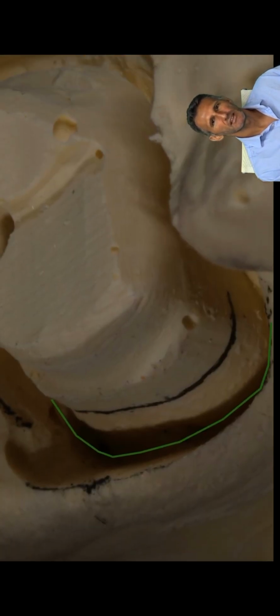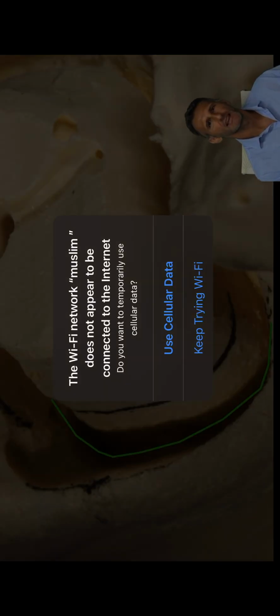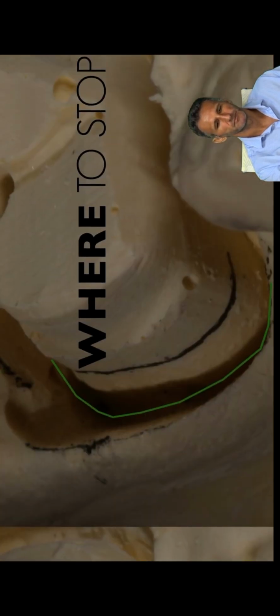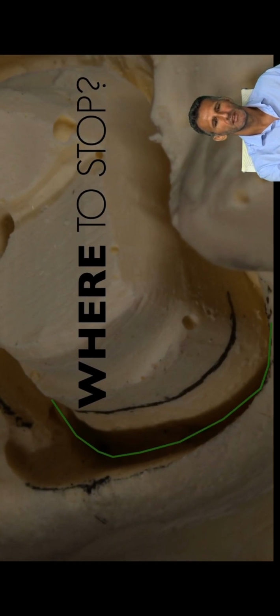Our technician has to choose between the green line and black line where this crown will land at 360 degrees. And I have to say that my experience is that it's not easy at all. Where to stop?